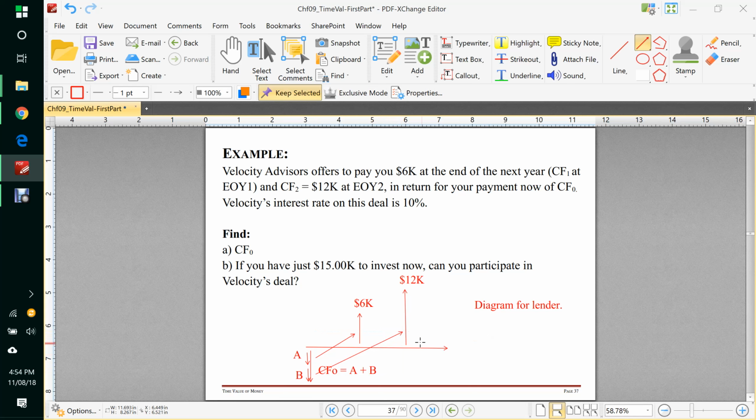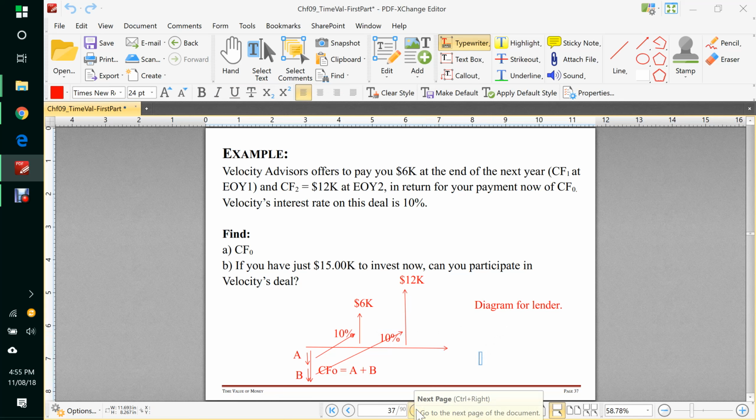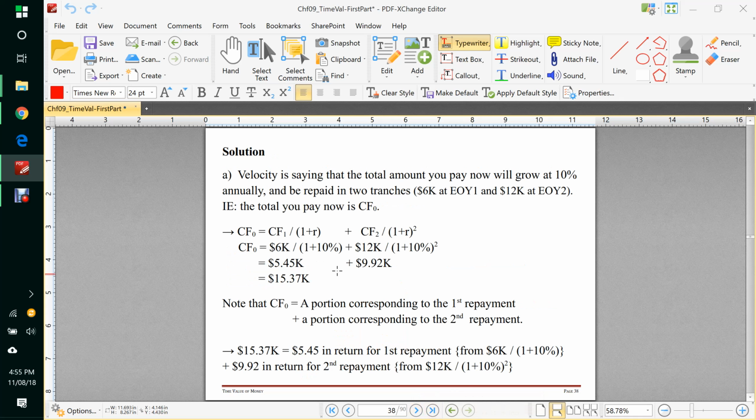So let's just put in our interest rate here to make sure everything is clear. It's growing at 10%. This is also growing at 10%. That's the basic idea of what we're doing, and we'll just do this in the framework of the fundamental discounted cash flow equation.